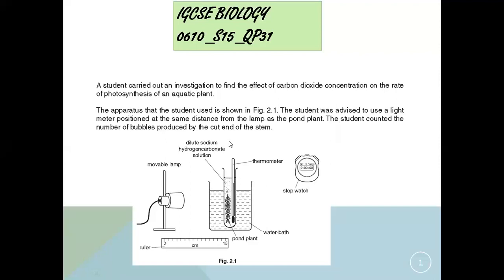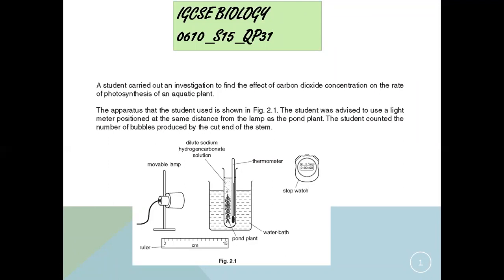So we know already, the investigation is the effect of carbon dioxide concentration on the rate of photosynthesis. If we increase carbon dioxide, the rate of photosynthesis will increase, and the bubble production will be more.